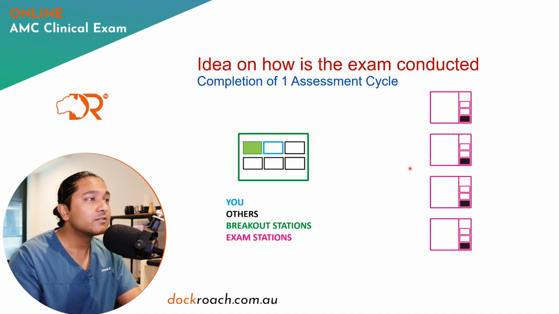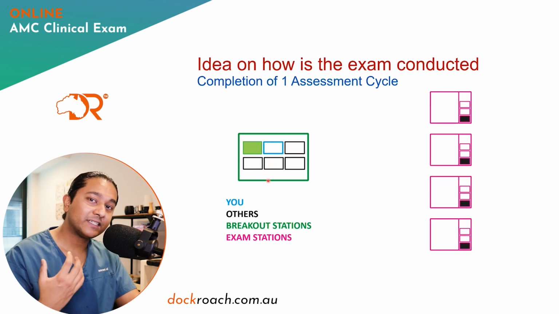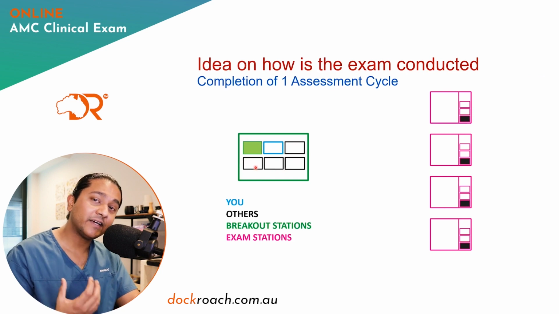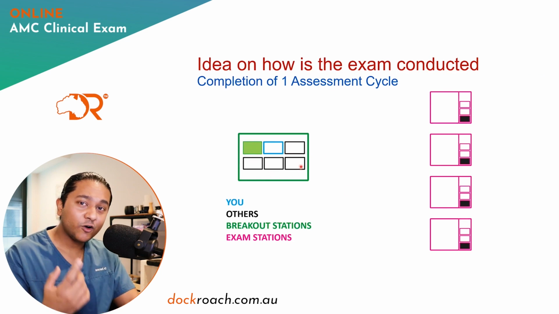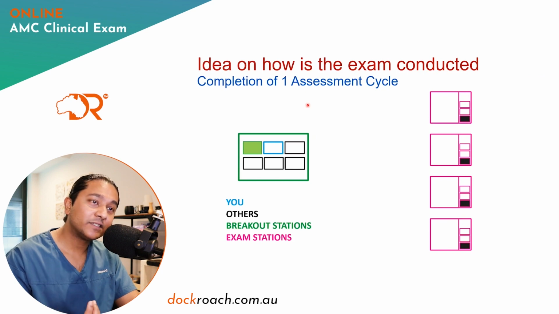So this is how it happens. Now you have gone back inside, and you will be seeing the same breakout station again, the group of 5 people, 5 AMC clinical candidates, and one wonderful invigilator in that breakout station. And that is a completion of one exam cycle or one assessment cycle.